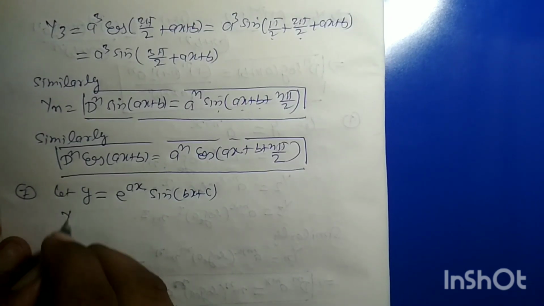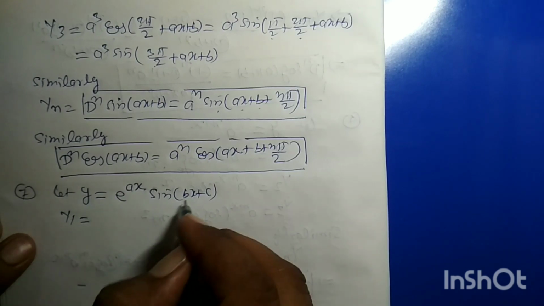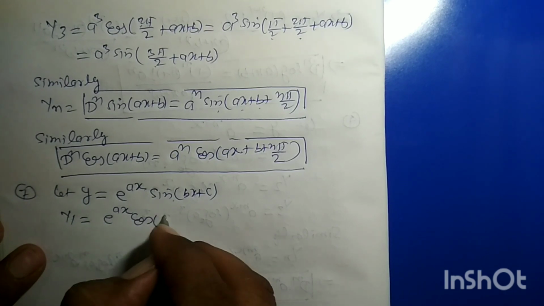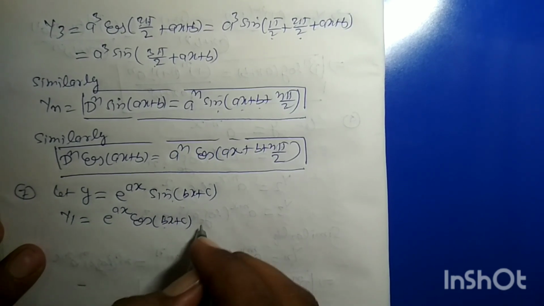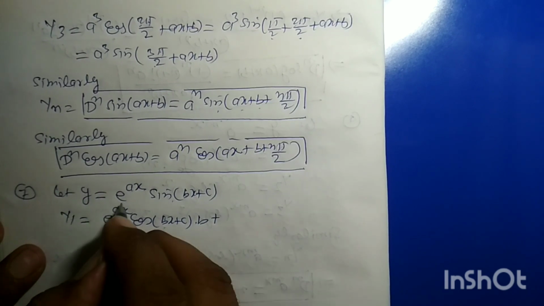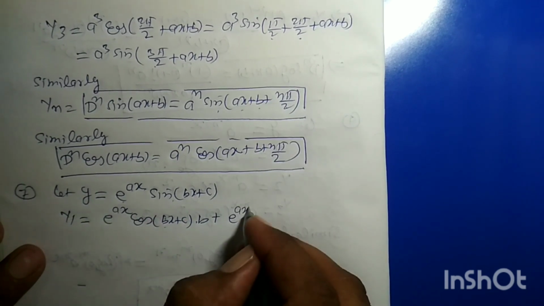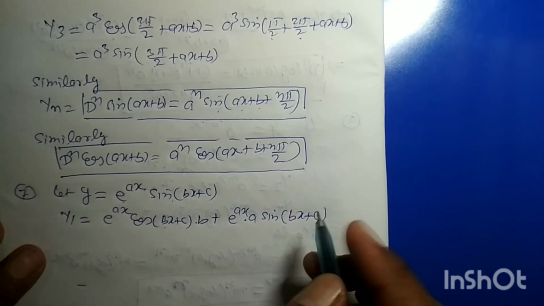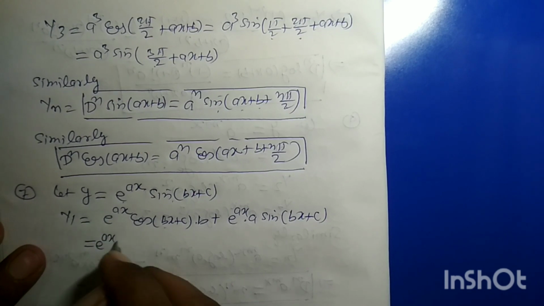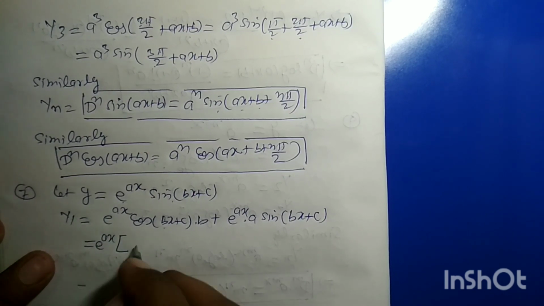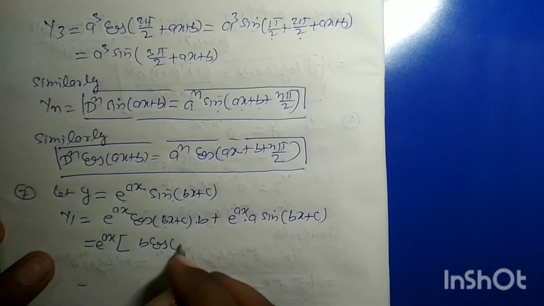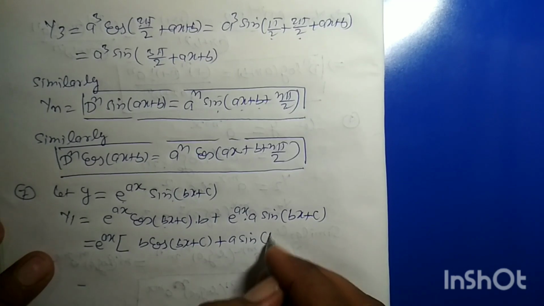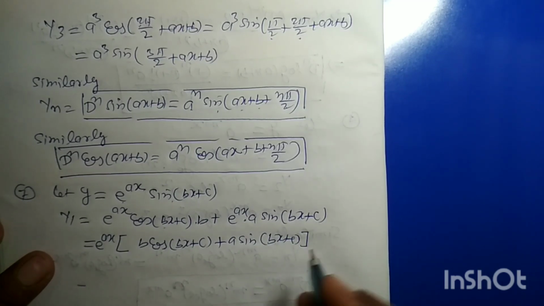For the first derivative, y1, we differentiate it by parts. First function e^(ax), differentiation of sin means cos(bx+c) and b from bx, then plus the differentiation of the first function, e^(ax) into a, times sin(bx+c). e^(ax) is common from both terms, so we write outside e^(ax)[b cos(bx+c) + a sin(bx+c)].